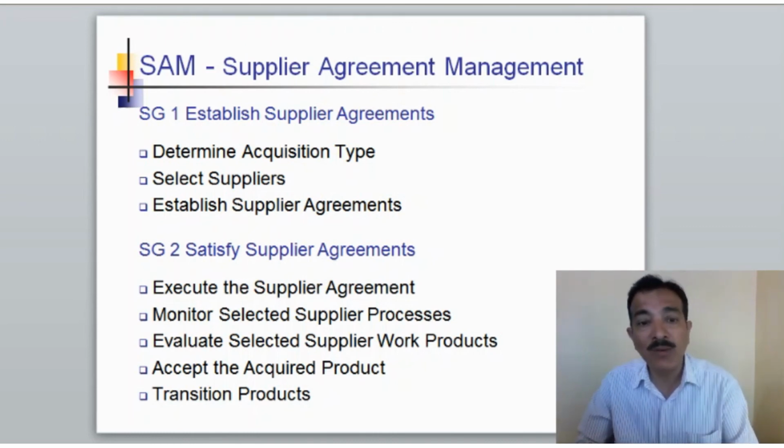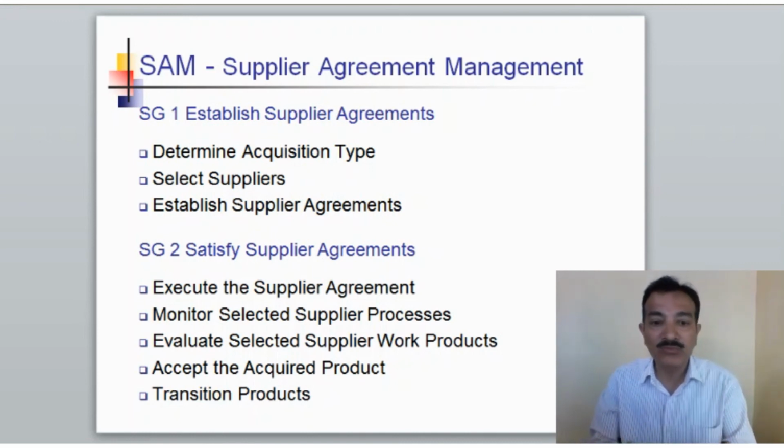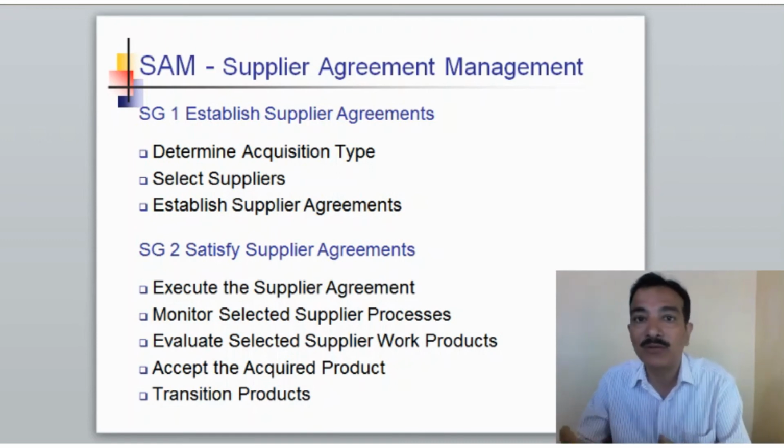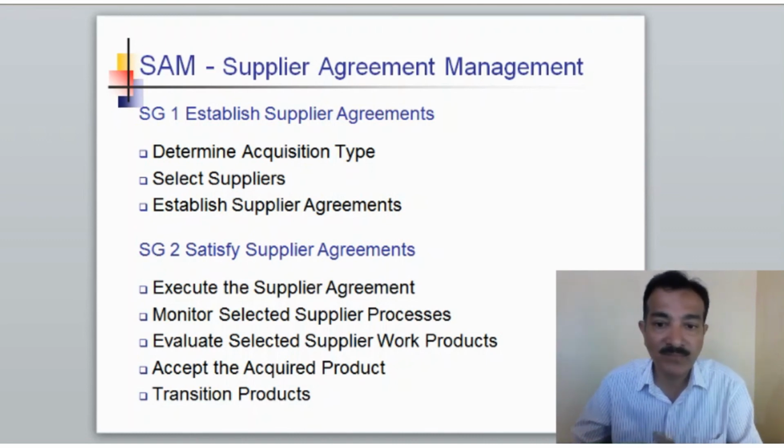And the next one is transition of the product. So you would want to check how you will transition it, the maintenance, how it will be stored and how that product will be used in the project, all those things, the transition of the product.